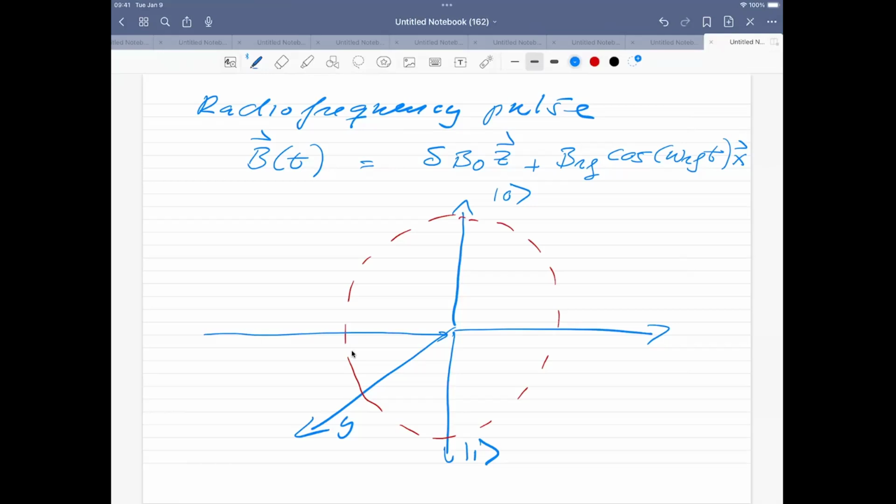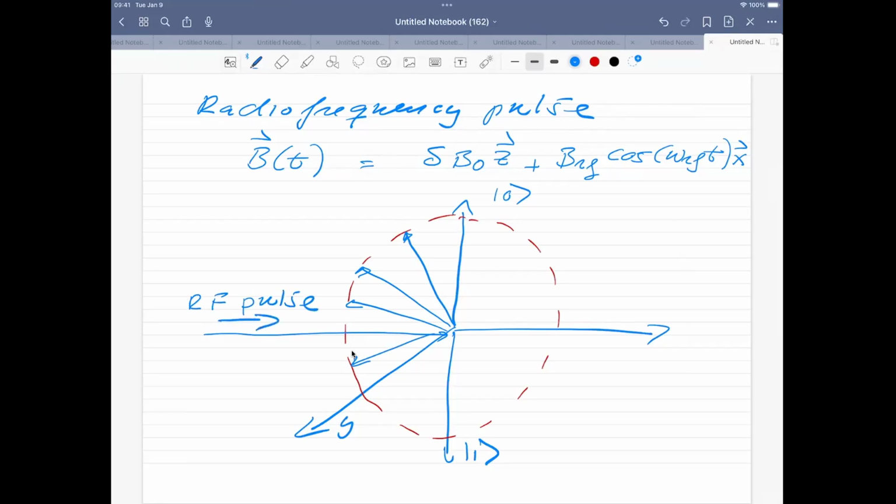So now you're making a rotation where you could now be on your Bloch sphere. So this is a given time. And then you keep rotating the system till it then gets down here. And what you're applying is an RF pulse along this direction here, in this specific direction.